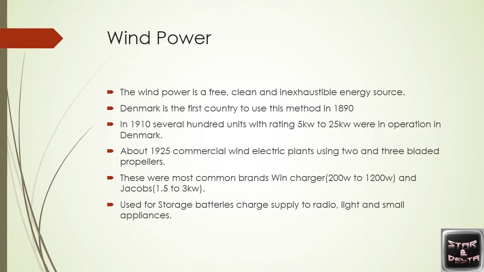Johnson 1985. By about 1925, commercial wind electric plants using 2 and 3 bladed propellers appeared on the American market. The most common brands were Wind Charger, 200 watt to 1200 watt, and Jacobs Charger, 1.5 to 3 kilowatt.